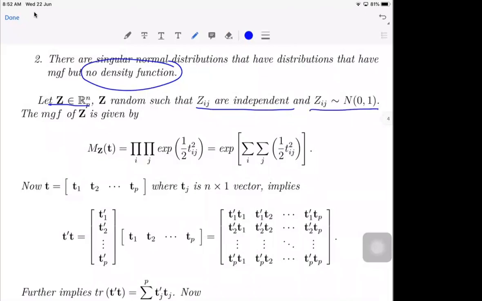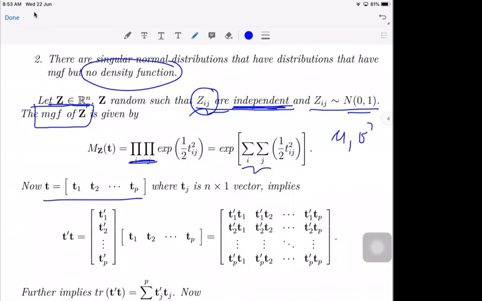Then recall the moment generating function of a standard normal will be equal to the joint density of the Zij's, but since they are independent, it's just equal to the product, which is the sum of 1/2 tij squared. So this is the moment generating function for the standard normal. Okay? We don't have mu and sigma squared yet.